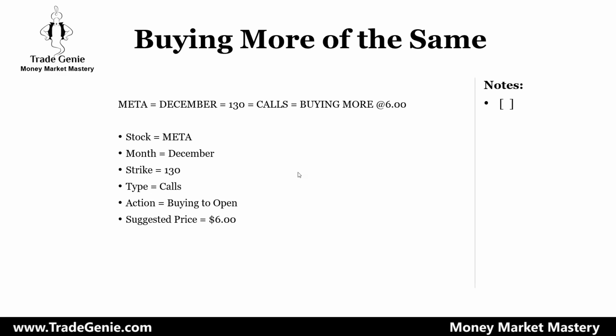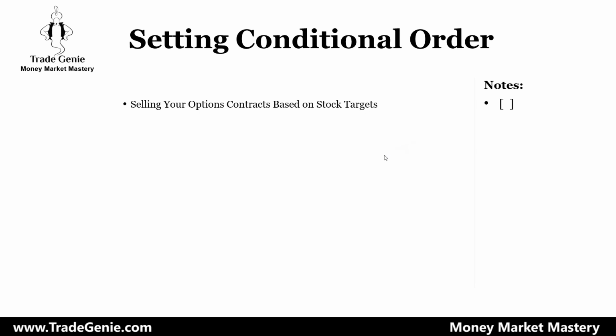So we do send out buy more alerts, and buying more is only done when you have convinced yourself that the stock is rebounding from support, or from resistance for puts. We send out the alerts on the stock, not on the options, because it's hard to calculate the option price.